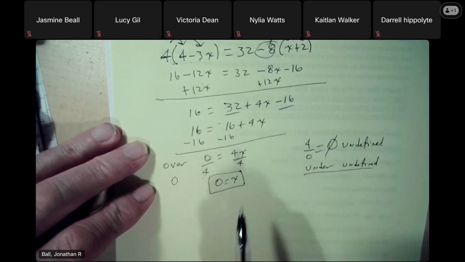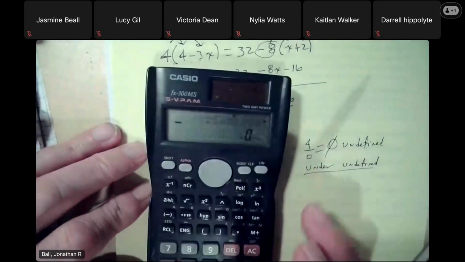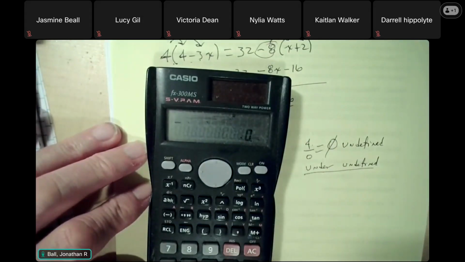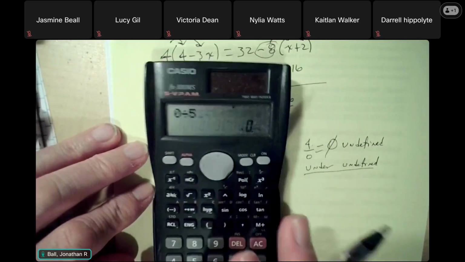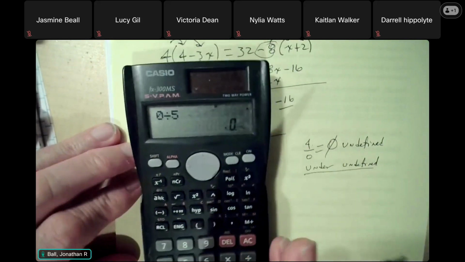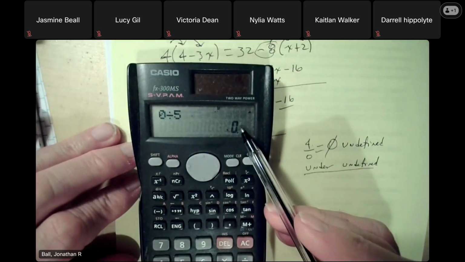But again, if you forget, brain goes numb, first turn it on. 0 divided by any number, like 5, is 0.